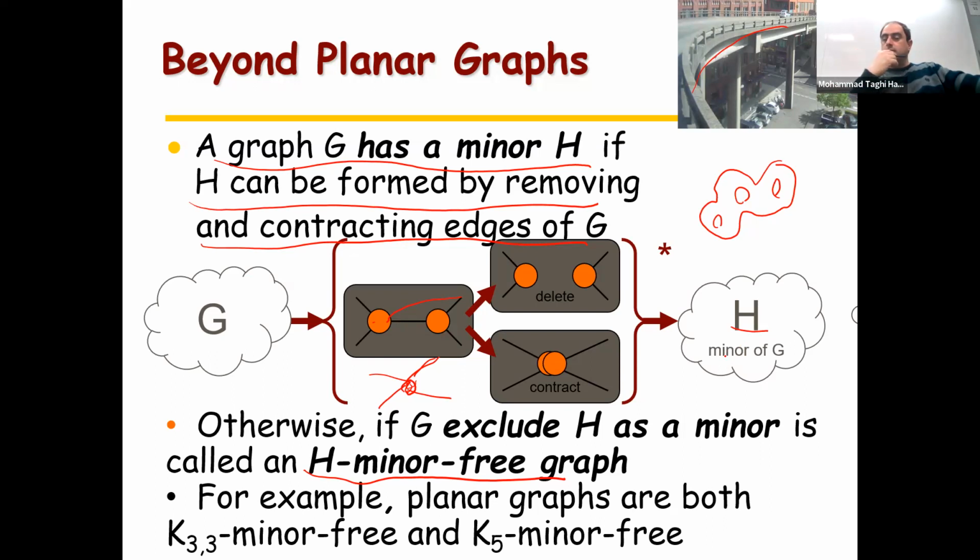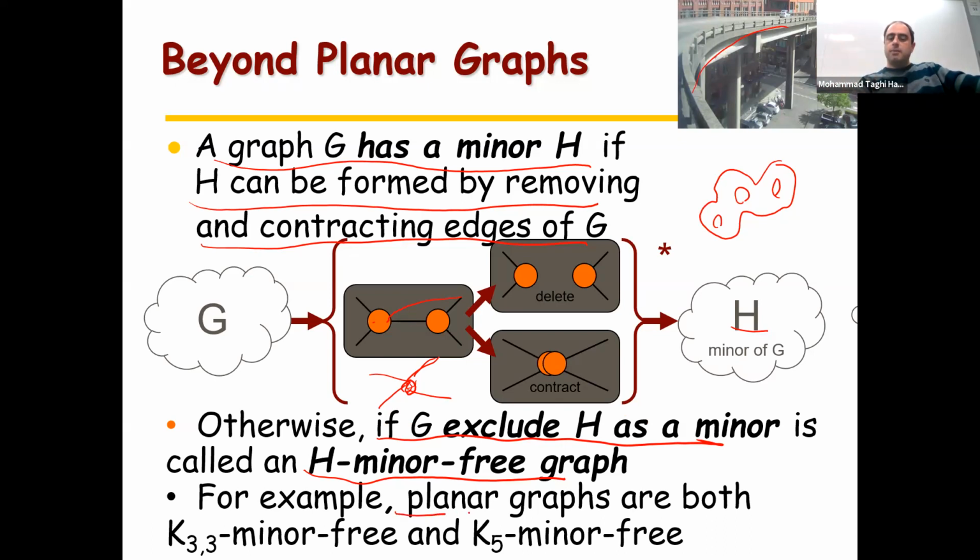We are assuming the graphs G and H are both connected here. When you talk about deleting edges, you can also delete vertices. So if G excludes H as a minor, then it's called an H-minor-free graph. If from G by this operation you cannot get H, then you say that G is H-minor-free, it does not have such a minor.